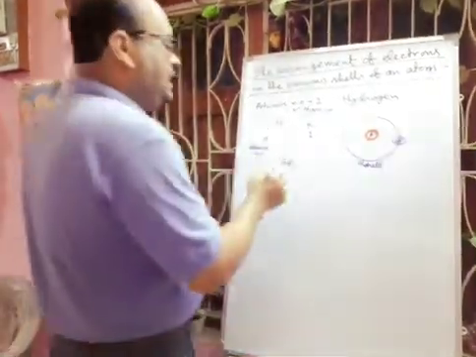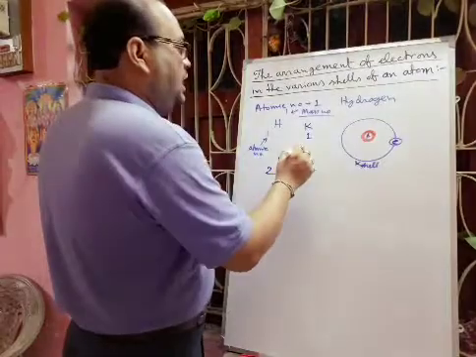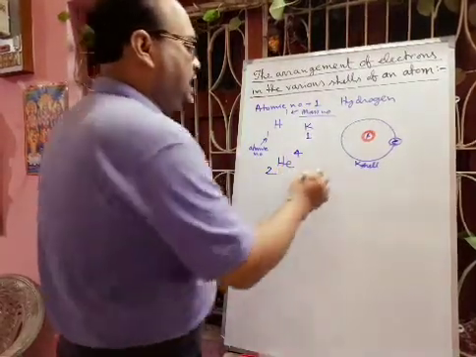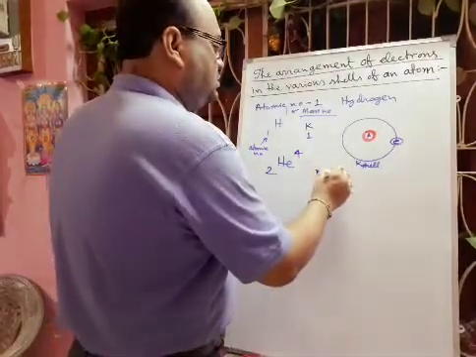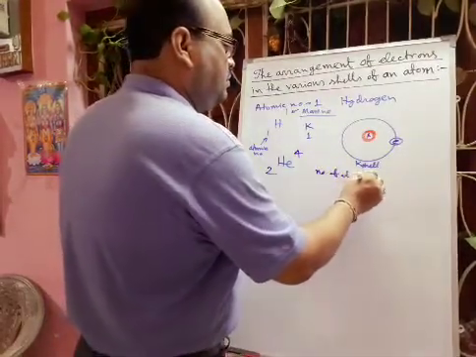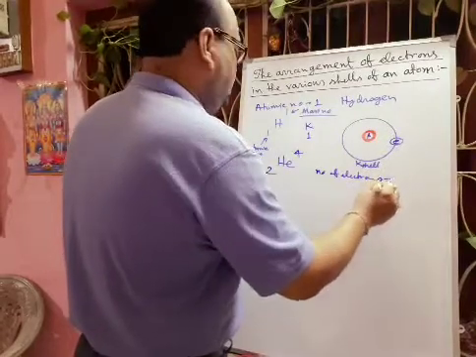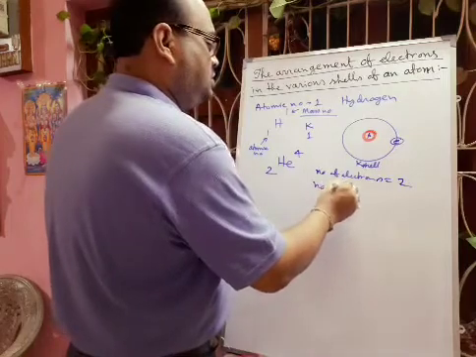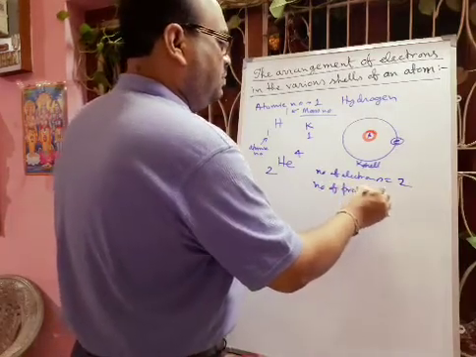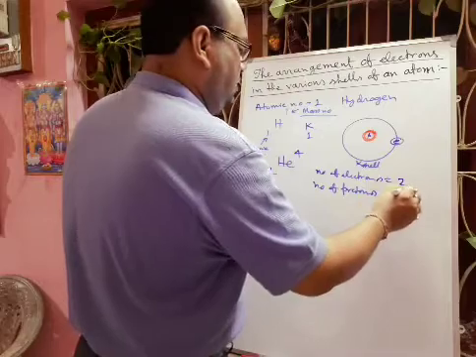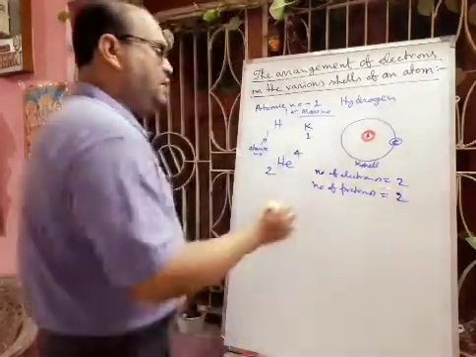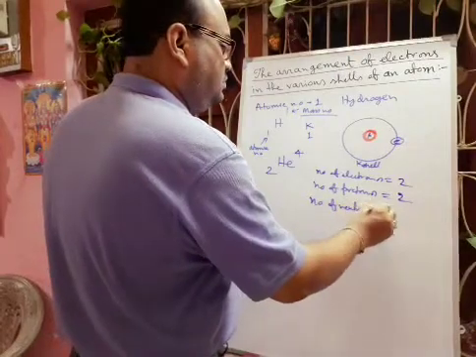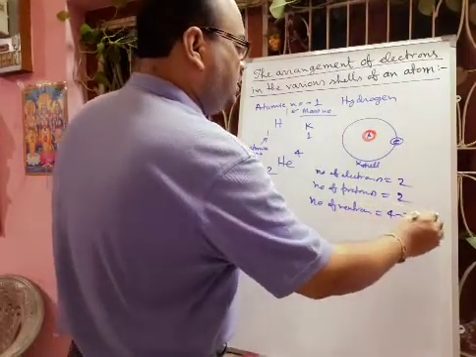Now in case of helium, the atomic number will be 2 and the mass number will be 4. So the number of electrons will be 2, the number of protons will also be 2, and the number of neutrons will be 4 minus 2, equal to 2.